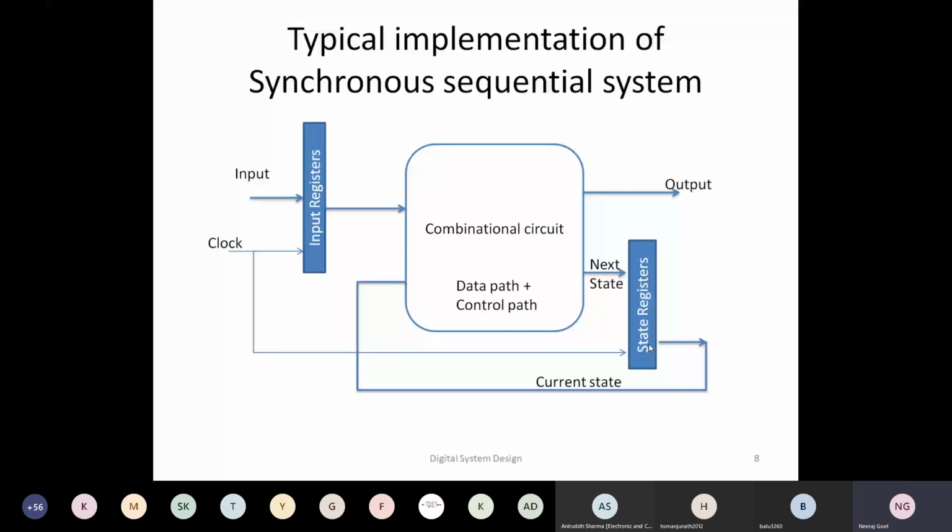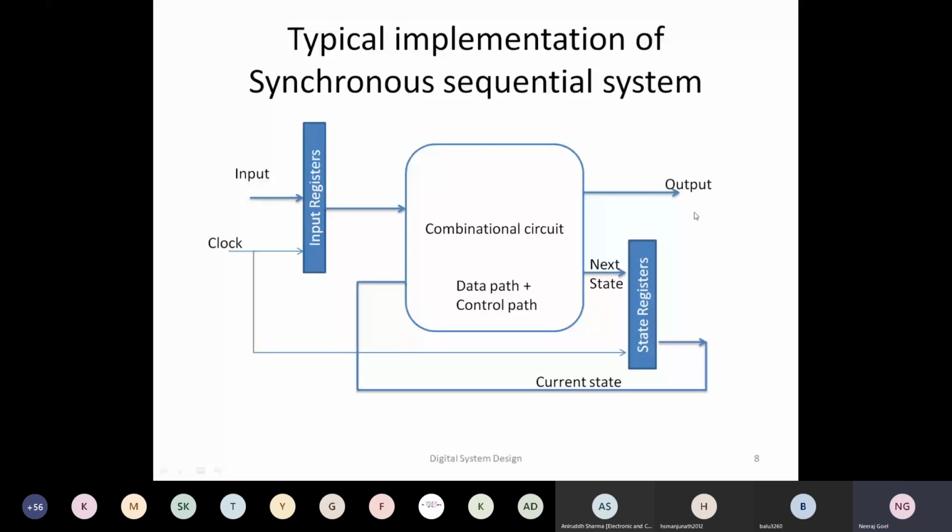Your output depends on the present state and inputs, which will drive your output. And now you will see the output also has its own combinational circuit. So input to output could have its own combinational circuit, but these states may affect how that combinational circuit is going to behave. So for example, let's say input was being multiplied and output was a multiplication.